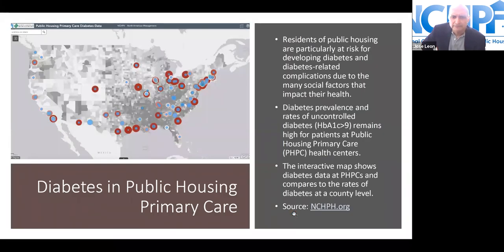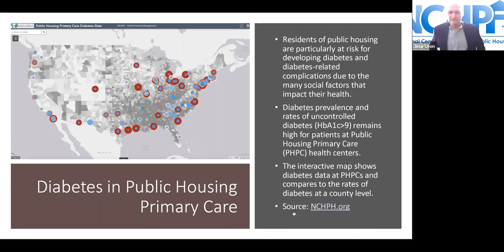The National Center for Health and Public Housing has developed some maps specifically related to diabetes, and this is information that you can find on the NCHPH.org website, where you can find data of prevalence of diabetes by city or county.